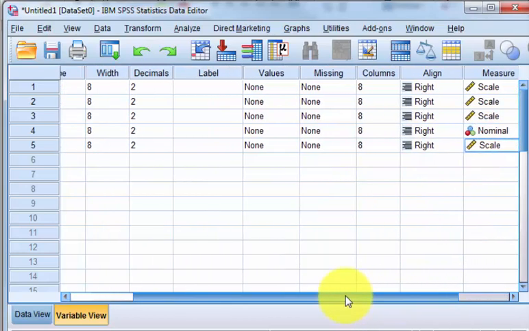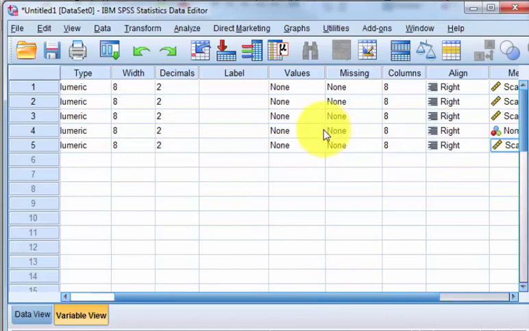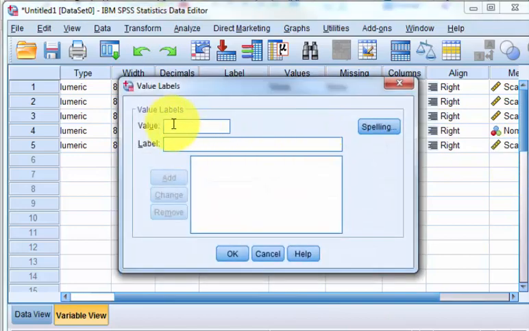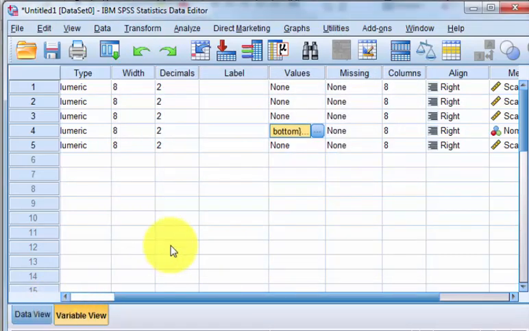But since we have a categorical variable, we're going to go to values and tell the computer what the numbers mean. So number 1 was the bottom shelf. Add. Number 2 was the middle shelf. Add, and number 3 was the top shelf. And we're good to go.